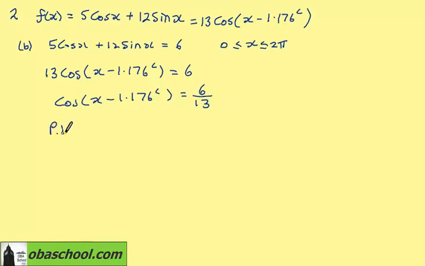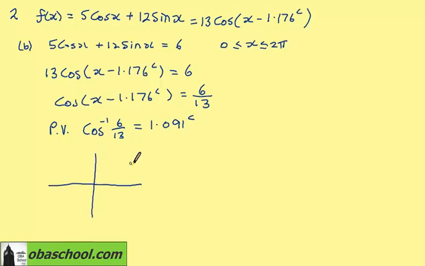For our principal value, we need to do the inverse cosine of 6 over 13, and with my calculator in radian mode, I get 1.091 radians.